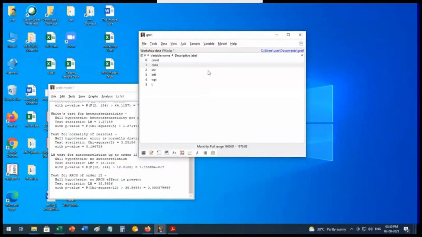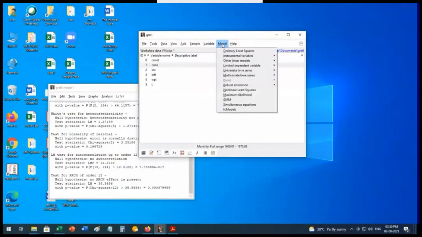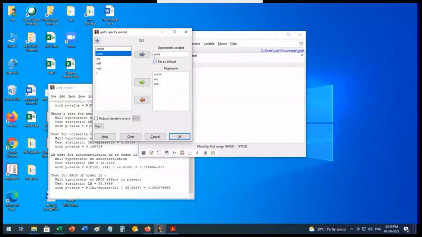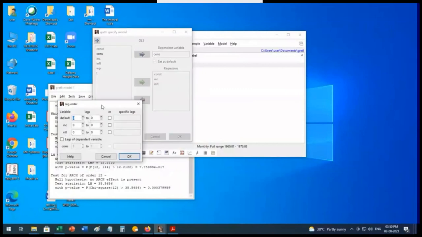So we go to the model and re-specify the model by ordinary least squares with the lags of all the variables, that is consumption, income, and inflation. To get the lags, we go to this button, lags. Can you see this button? This one, right? So we click lags.